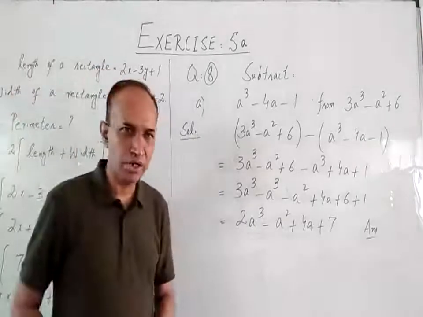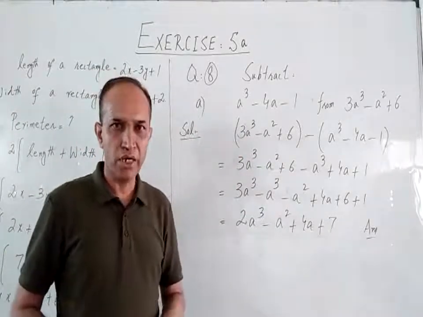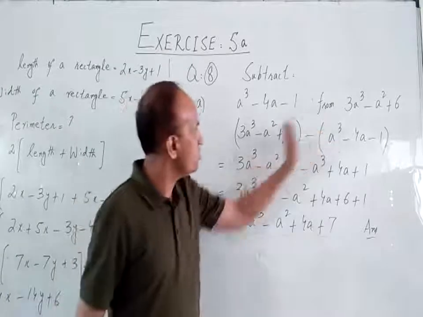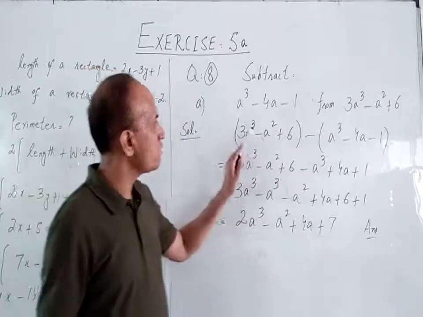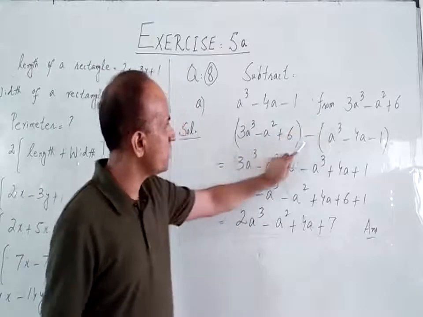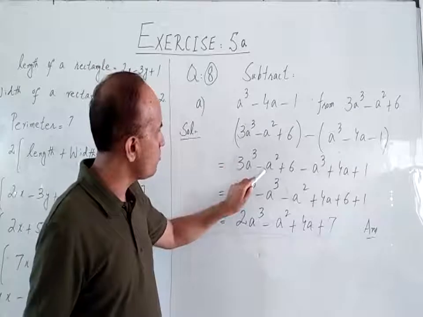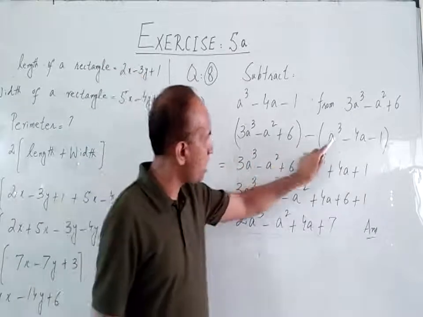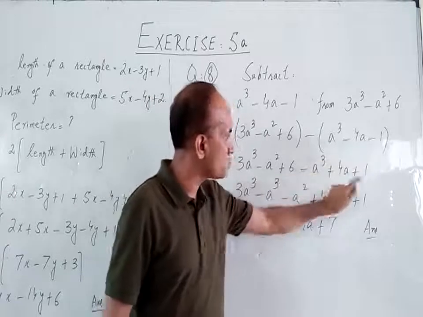In question number 8, we are given 2 polynomials and we are asked to subtract this polynomial from this. How can we do this? We write this polynomial first and then minus this polynomial. So we get 3a cube minus a square plus 6 minus a cube minus minus plus 4a minus minus plus 1.